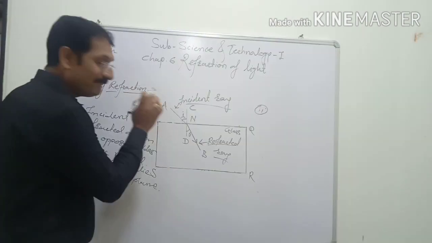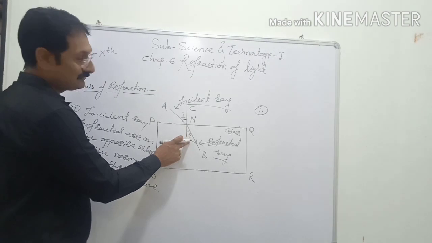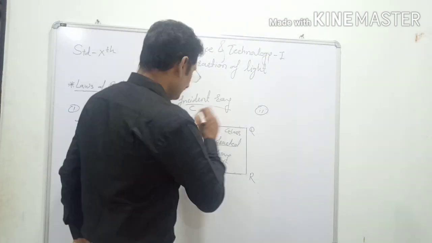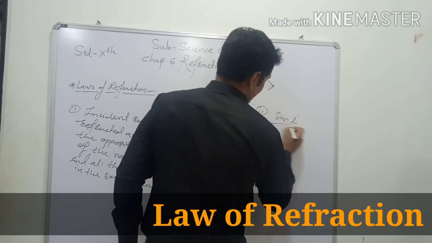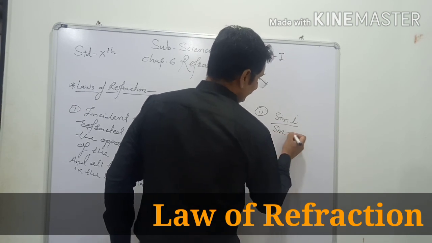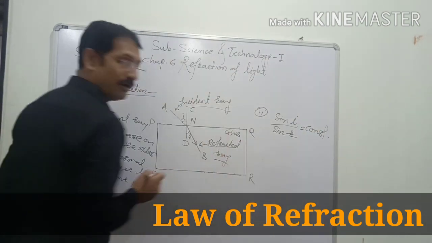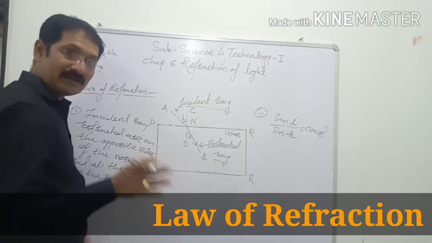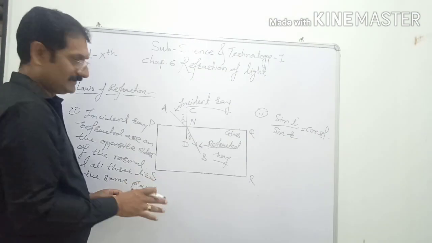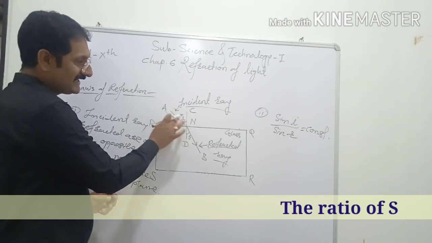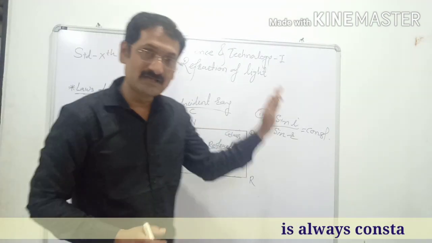The ratio of sine i to sine r is constant. This is the second law of refraction. For a given pair of media, this ratio is always constant. That means the ratio of the sine of the angle of incidence to the sine of the angle of refraction is always constant.